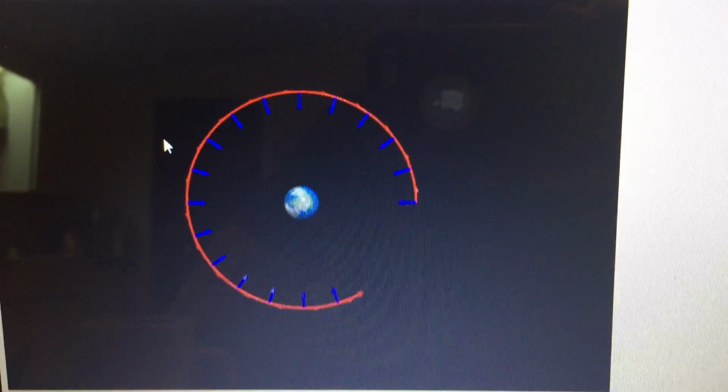the red arrow represents the velocity of the satellite, and then the blue arrow represents the force from the Earth.